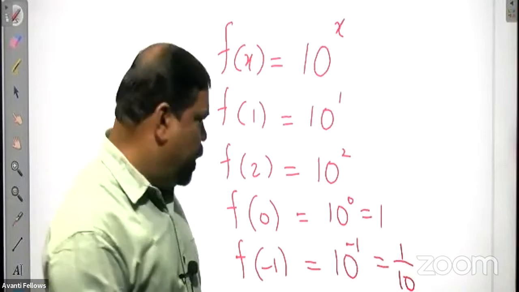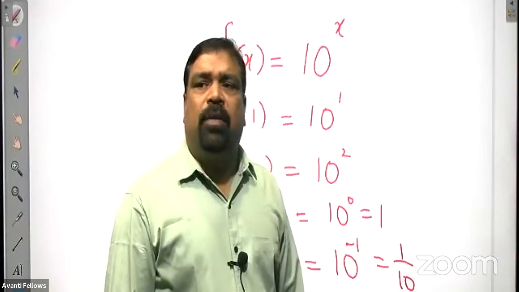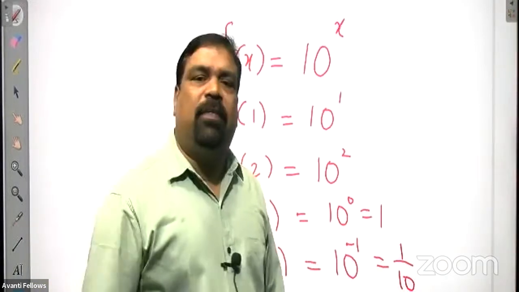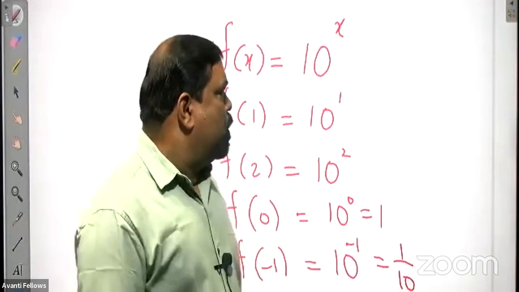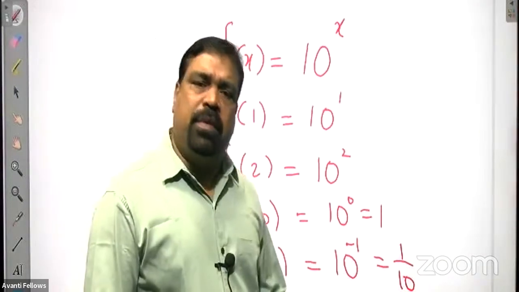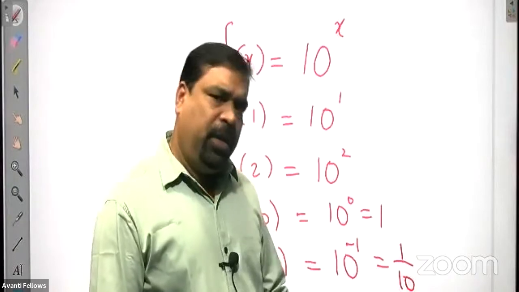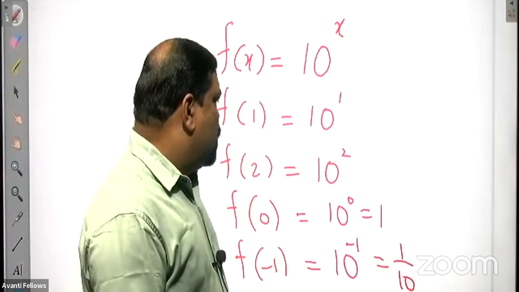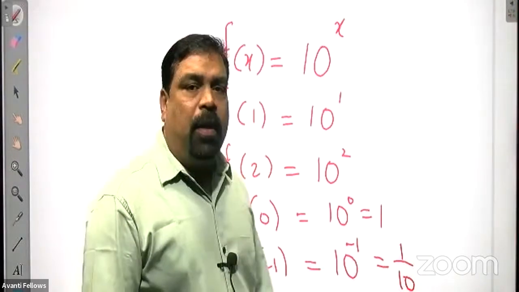You can put any real number for x: positive, negative, 0, rational, or anything. So this is called an exponential function.